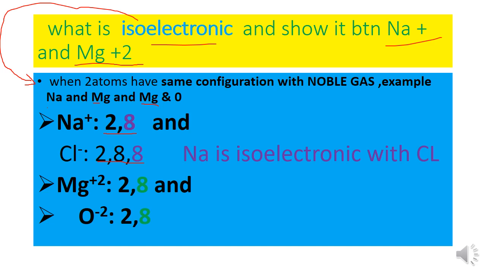Because they have 8 electrons in the outermost shell, sodium ion is isoelectronic with chloride. For magnesium and oxygen, the electronic configuration is also the same as in noble gases, which means that the magnesium ion is isoelectronic with the oxide ion. This is the meaning. I think you get something.